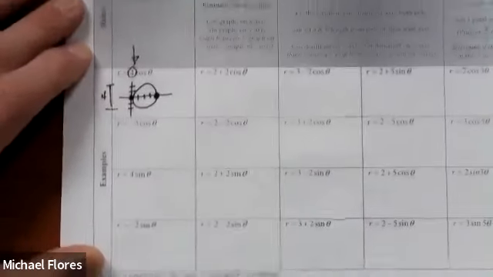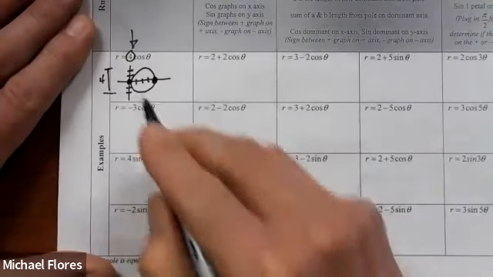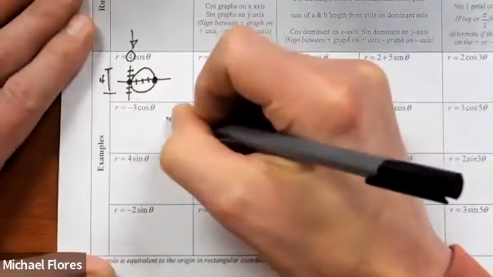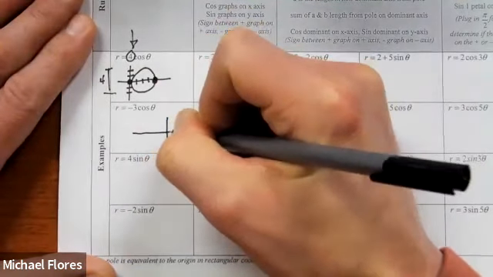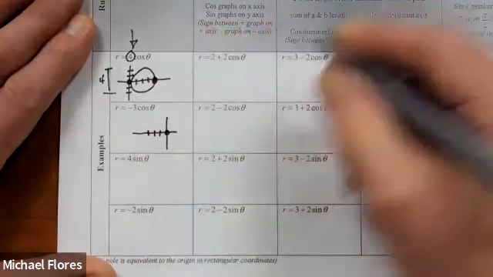Done. Okay, now we have r equals -3 cosine theta. Cosine, so we're going to be on the x-axis. -3, we're going to be on the negative x-axis. Plot the pole, then 1, 2, 3 to the left.